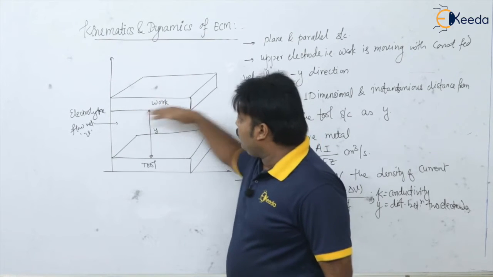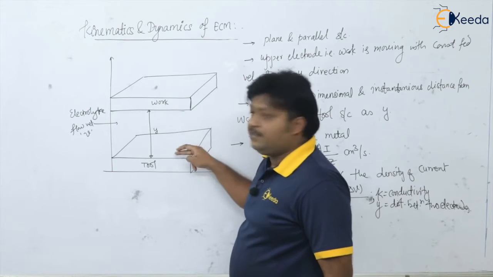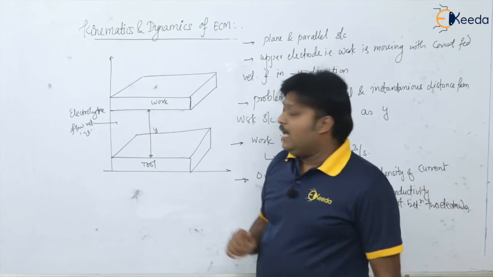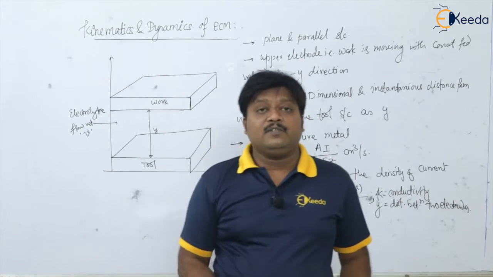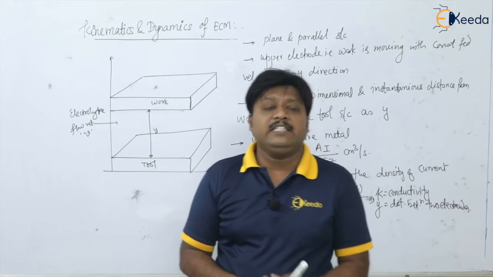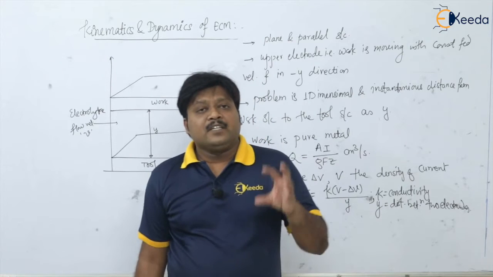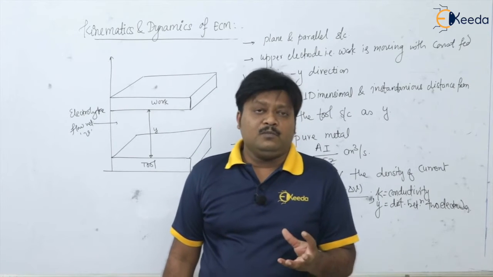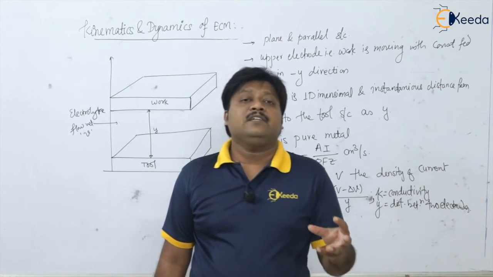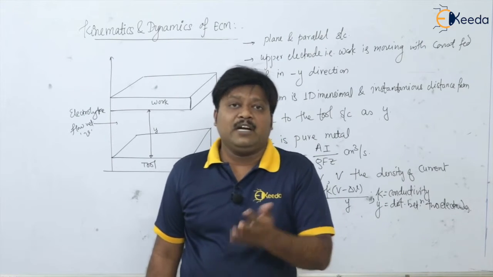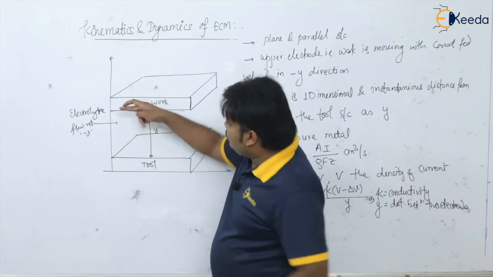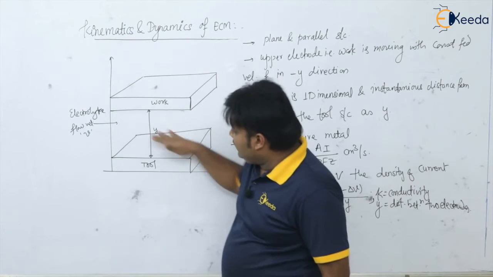That receding is definitely going to happen. And with what velocity is it going to recede from the tool surface? That can be given by the material removal volume relative to the area, which will give us this velocity.